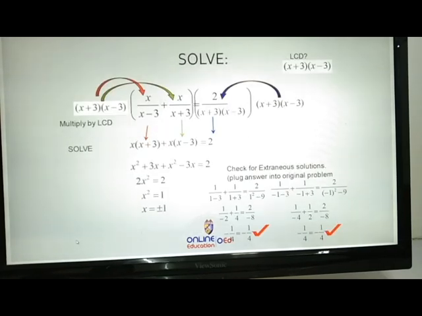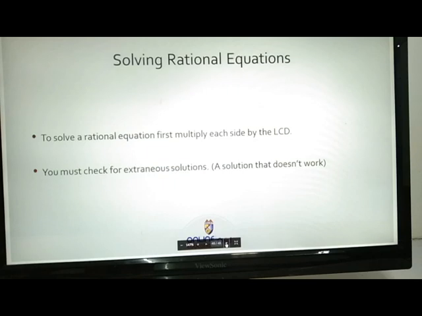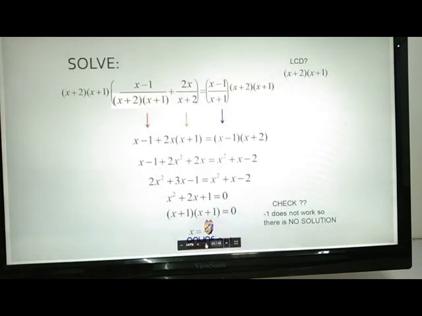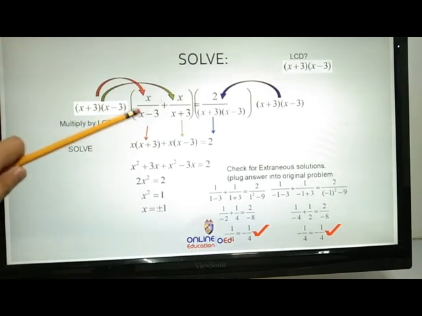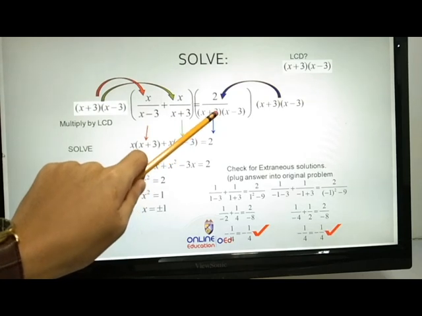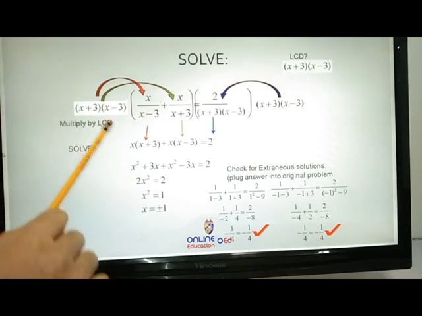Okay, so for example, if you are given the problem x over x minus 3 plus x over x plus 3 equals 2 over x plus 3 times x minus 3, the LCD would be x plus 3 times x minus 3.